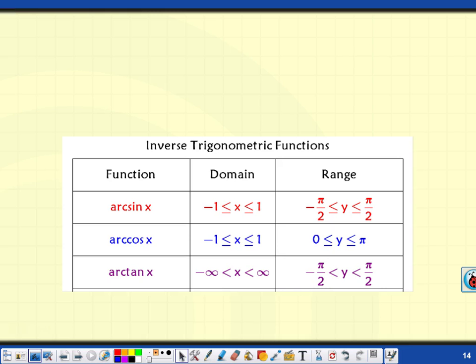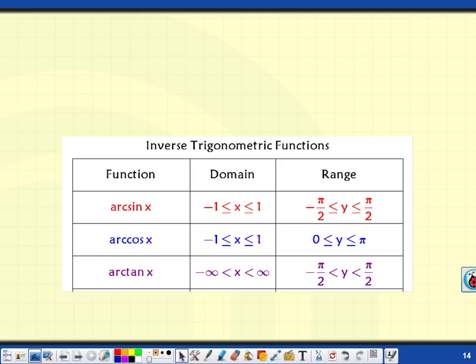Are all the domain and range going to be the same for arc sine and arc cosine? Like sine is normally between negative 1 and 1, so that's the range of sine.